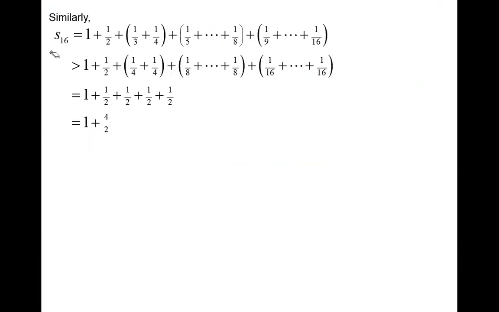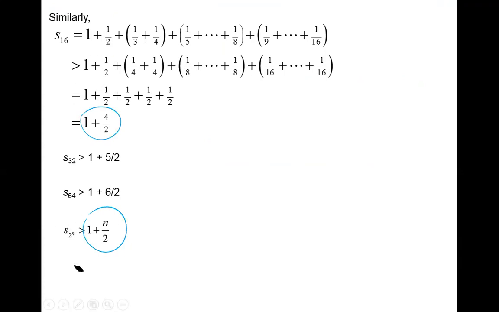I have 16, which means I have to add 16 terms. I'm creating a sum that is smaller for all of the 8s, all of the 16s. This is 1/2, 1/2, 1/2, 1/2, another extra half, which means 5 halves, 6 halves. And then simply this. This is a little bit different because I didn't use n, I used the powers of 2.